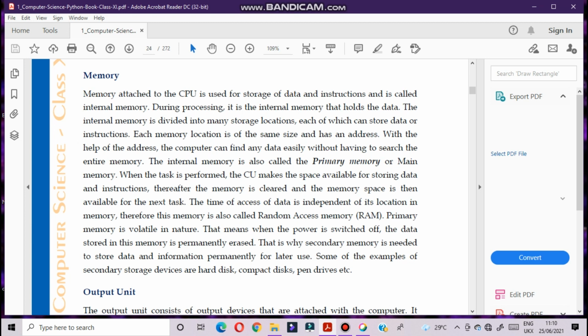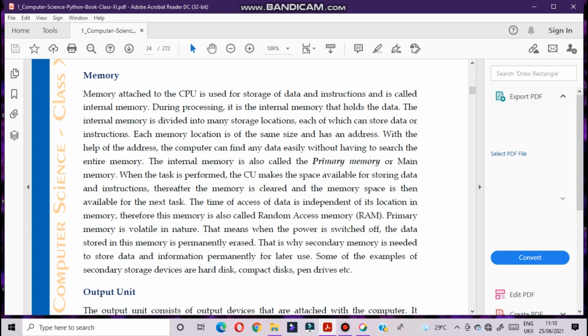Data will come and be stored, and when the operation finishes, it will automatically be erased by the CU, because the work of the CU is to create space for the memory.